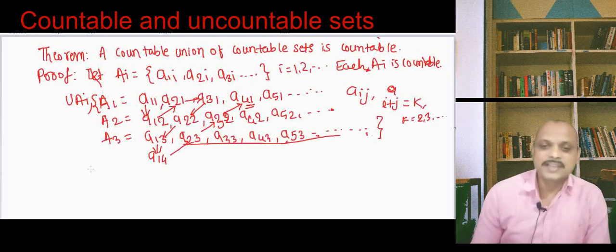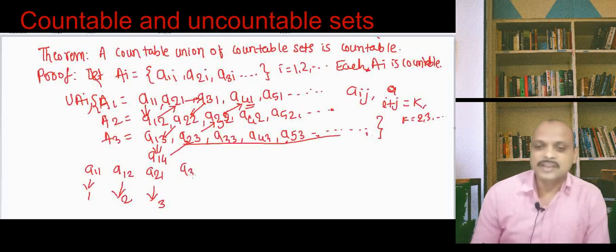So we can see that A11 is my first element, then A12 is my second element, then A21 is my third element, like this. Then the next one, A31, is my fourth element, A22 is my fifth element, then A13 is my sixth element, like this.